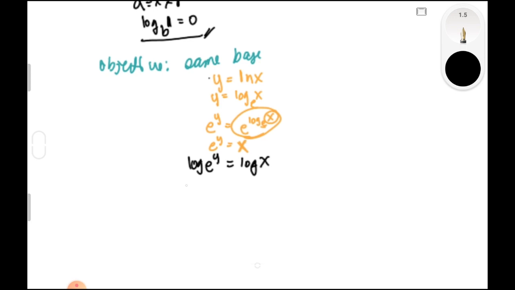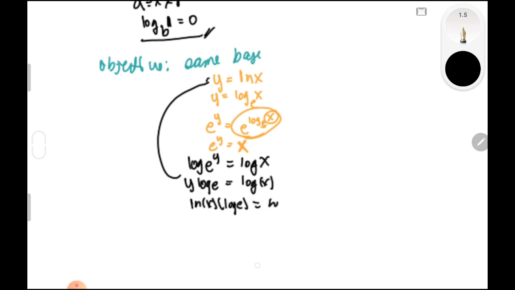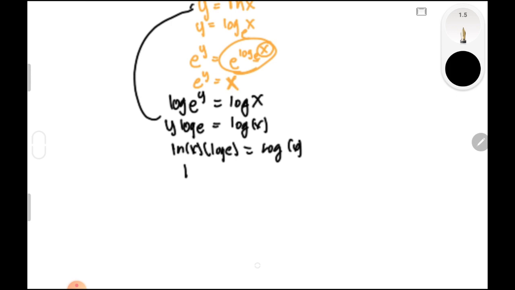Okay, so from this, you will have a value of y log of e, which is equal to log of x. But take note that your y was initiated as ln of x. So therefore, ln of x multiplied by log of e is equal to log of x. Okay, so from this standpoint, we may say that ln of x can be written into log of x divided by log of e.